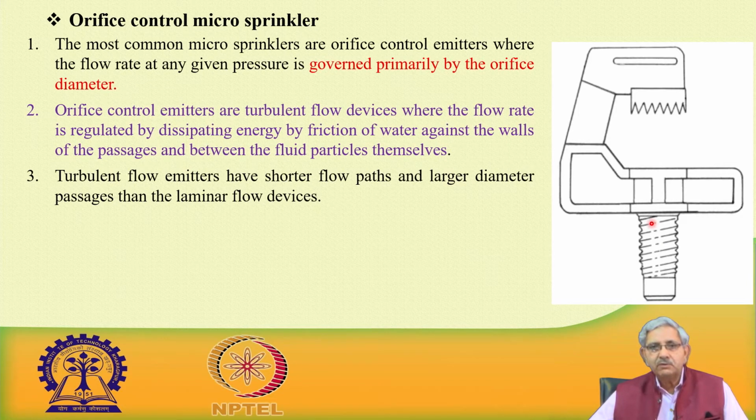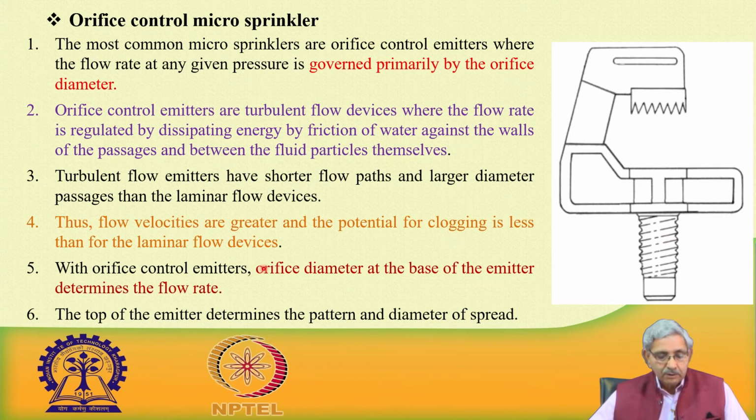The flow velocities are greater and the potential for clogging is less than in laminar flow devices. With orifice control emitters, the orifice diameter at the base of the emitter determines the flow rate, and the top of the emitter determines the pattern and diameter of spread.